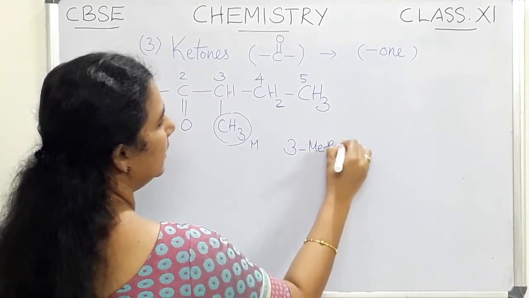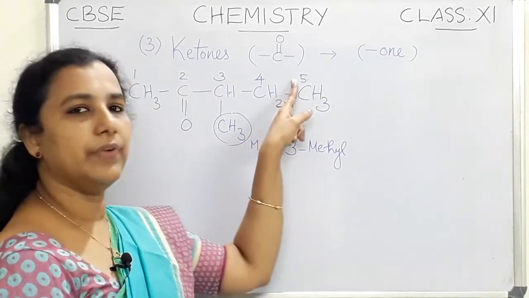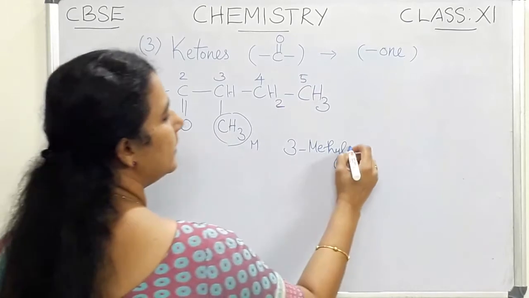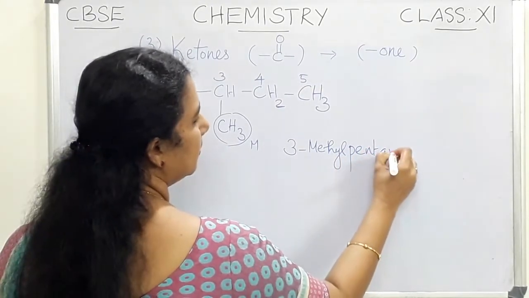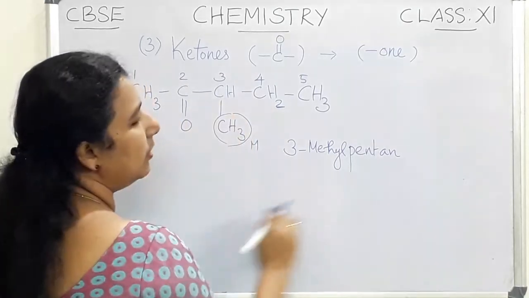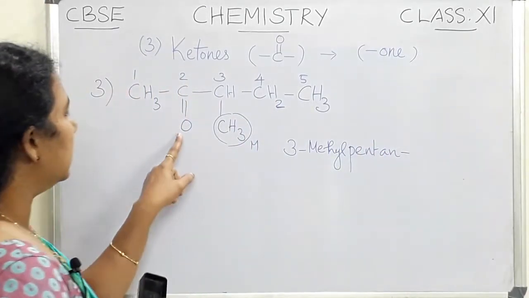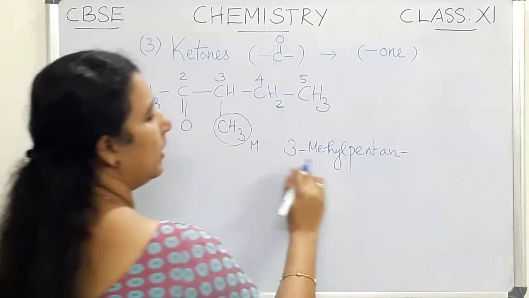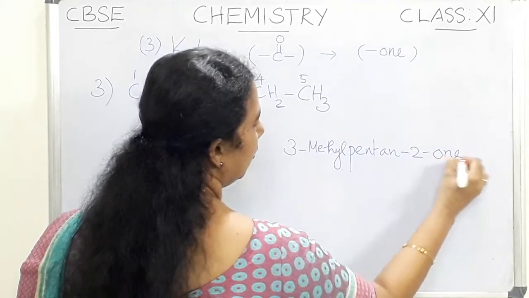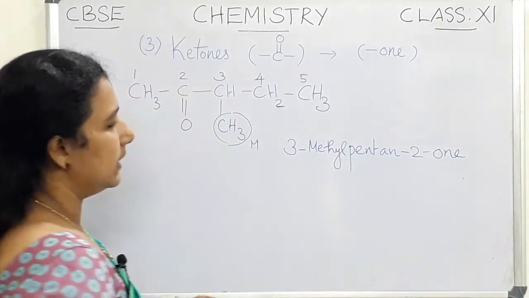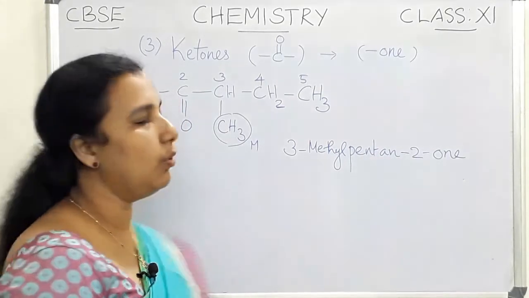Then the word root, since there are 5 carbon atoms, we can write pent. Then ane, since there is a single bond, pentane. Then ONE in the second position. So we can write 3-methyl pentane 2-one. So the IUPAC name is 3-methyl pentane 2-one.